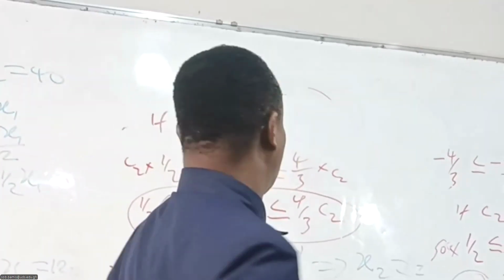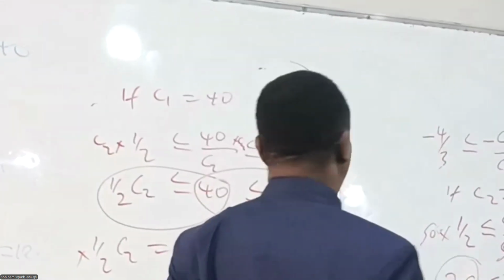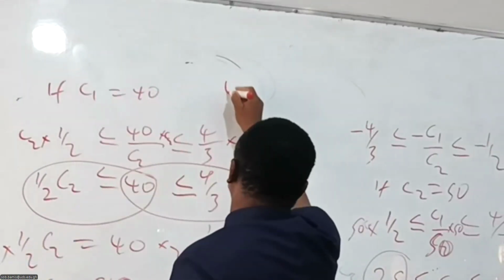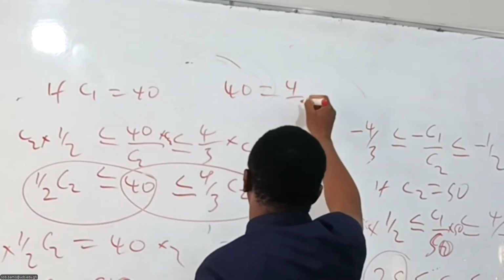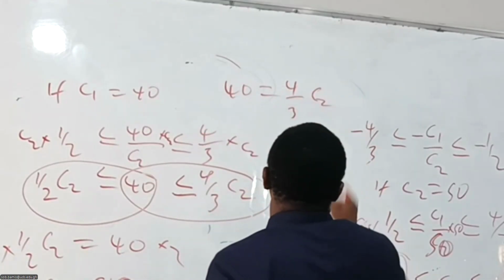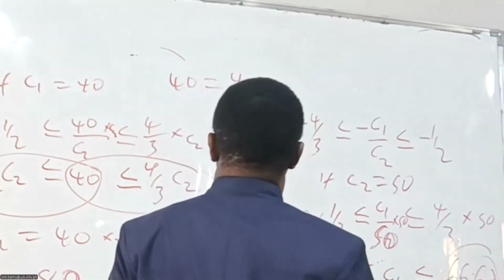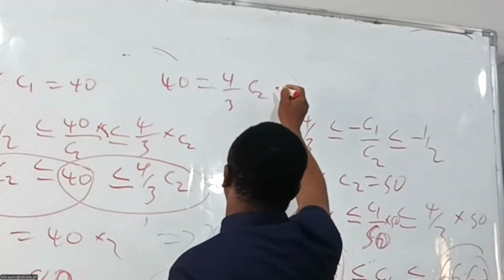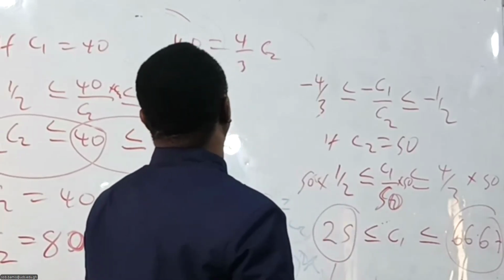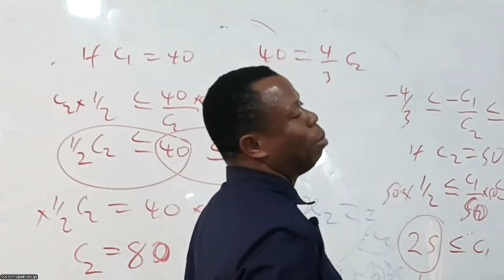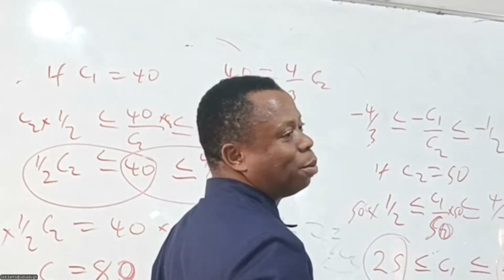So let's move to this other side. We have 40 is equal to 4 over 3 times 50. So how you actually do it is to multiply by 3 and divide by 4.